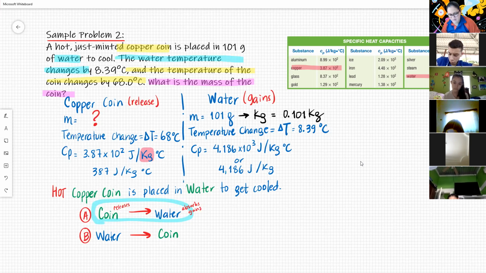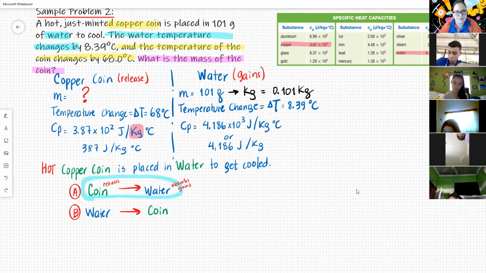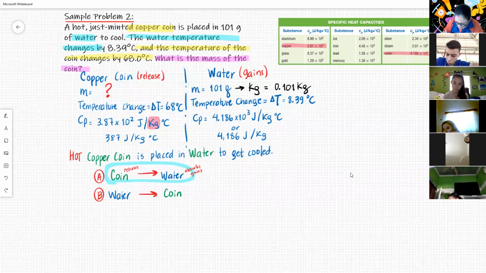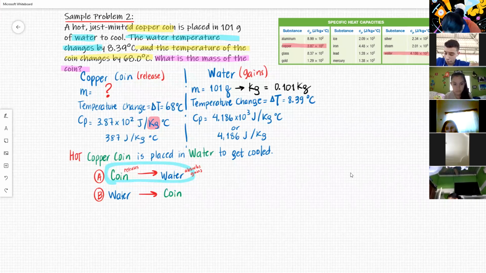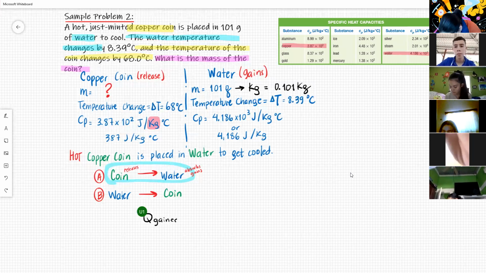So from this, you go and apply the formula for calorimetry. When you have two substances, you're gonna need this formula. Q gain is equal to negative Q released.